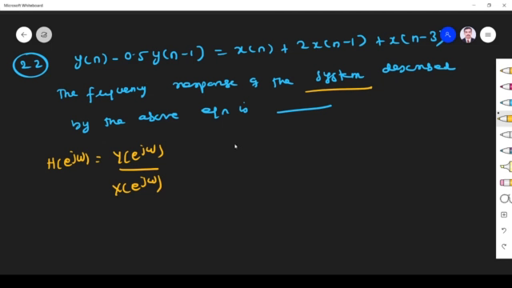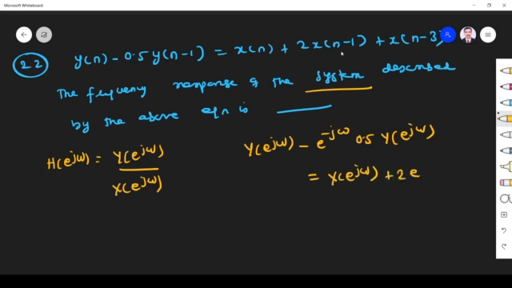So take the Fourier transform. Y of n has the Fourier transform Y of e power j omega. Y of n minus 1, by the time shifting property, has Fourier transform e power minus j omega times Y of e power j omega, so 0.5 e power minus j omega Y of e power j omega is equal to X of n's Fourier transform X of e power j omega plus 2 into, this is time shifting again, e power minus j omega X of e power j omega plus e power minus j3 omega X of e power j omega.